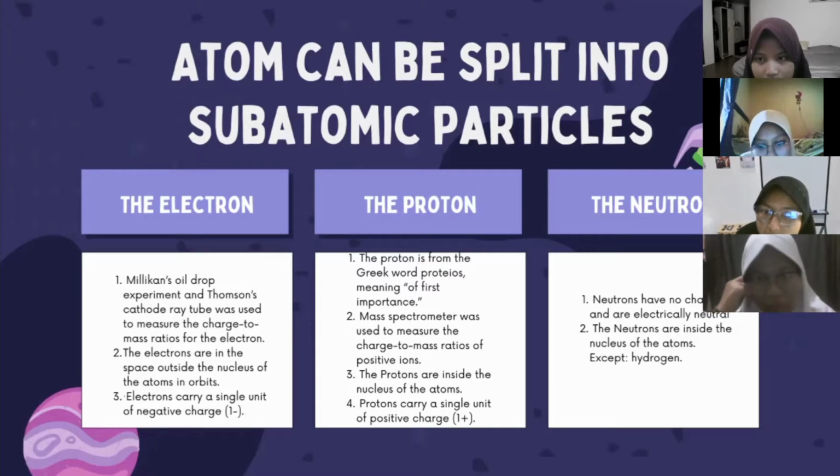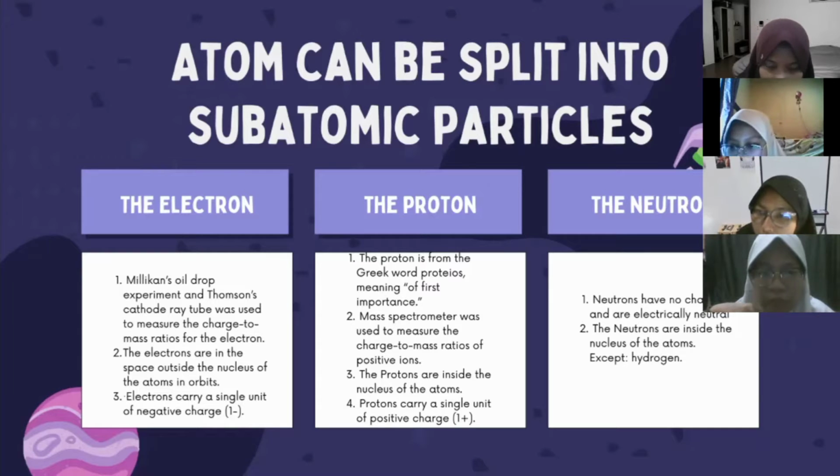The protons are inside the nucleus of the atom and carry a single unit of positive charge, or 1 plus. And the third one is the neutron. The neutron has no charge and is electrically neutral. The neutrons are inside the nucleus of the atom, except in hydrogen.